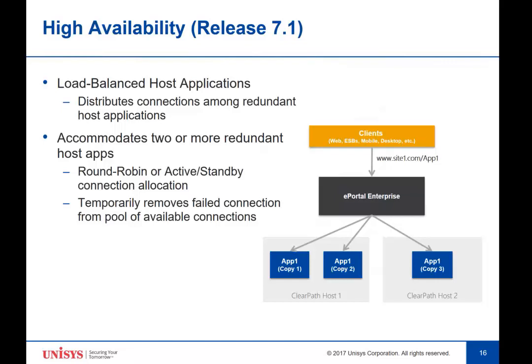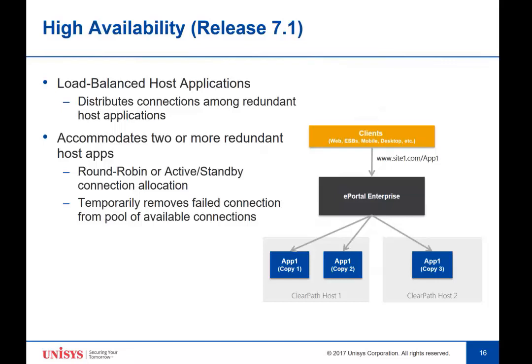One is a round-robin approach. And I should mention that this applies to connection establishment. So it's not each transaction, it's when a connection is established that it will choose one of these backend servers. So during a connection establishment, it can go round robin and distribute the connection establishment requests across those backend servers.